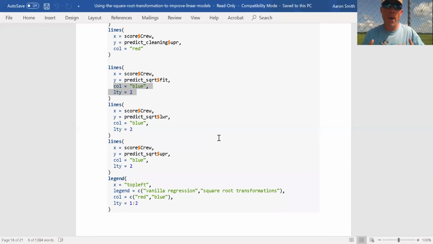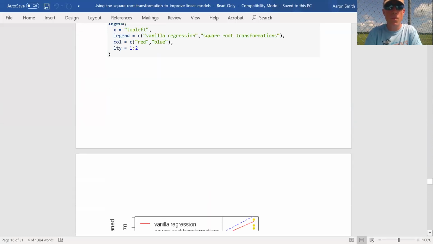So on my model lines, line type and color are indicating which model it's going with. I could have also done line thickness, but thickness can also imply other things, so I didn't choose to do that. So let's go ahead and take a look at the plot.